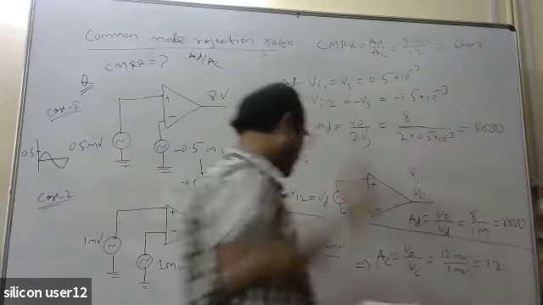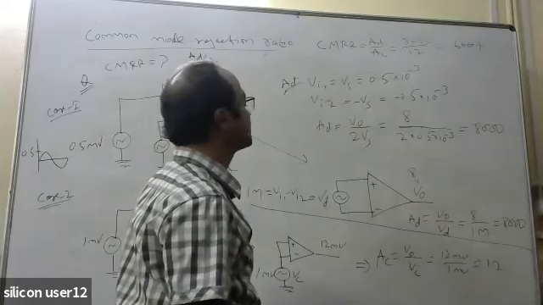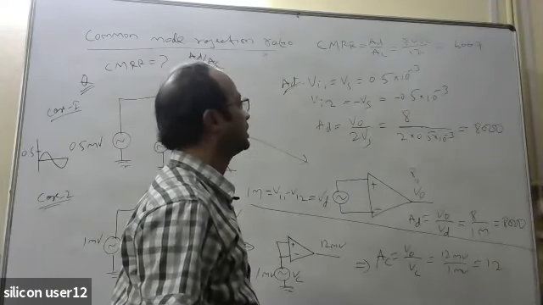Now express this CMRR in dB. That means you have to put 20 log AD by AC.